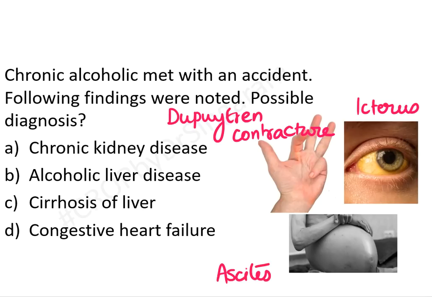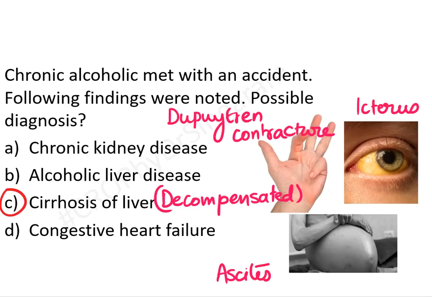All these are features which occur due to decompensated liver disease, what we call cirrhosis of the liver. Some of the students were thinking, might have marked alcoholic liver disease. Remember, alcoholic liver disease is a large spectrum.